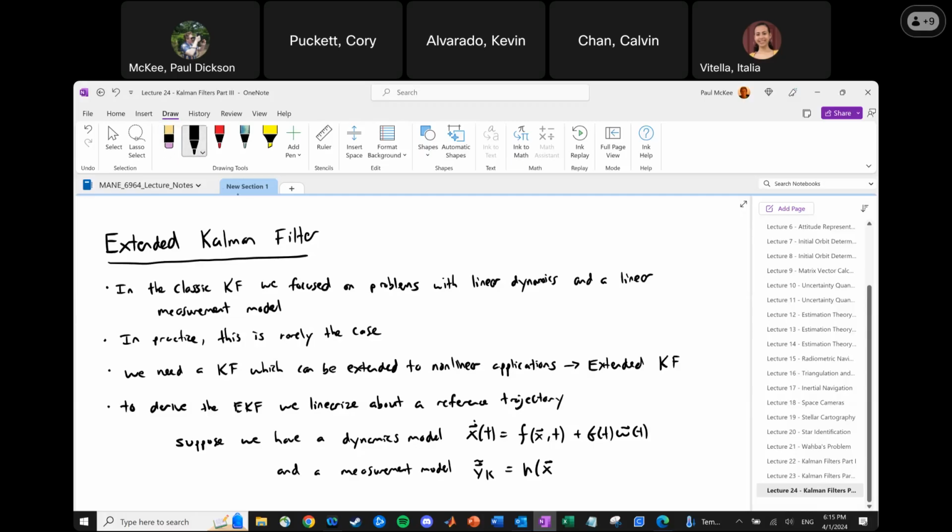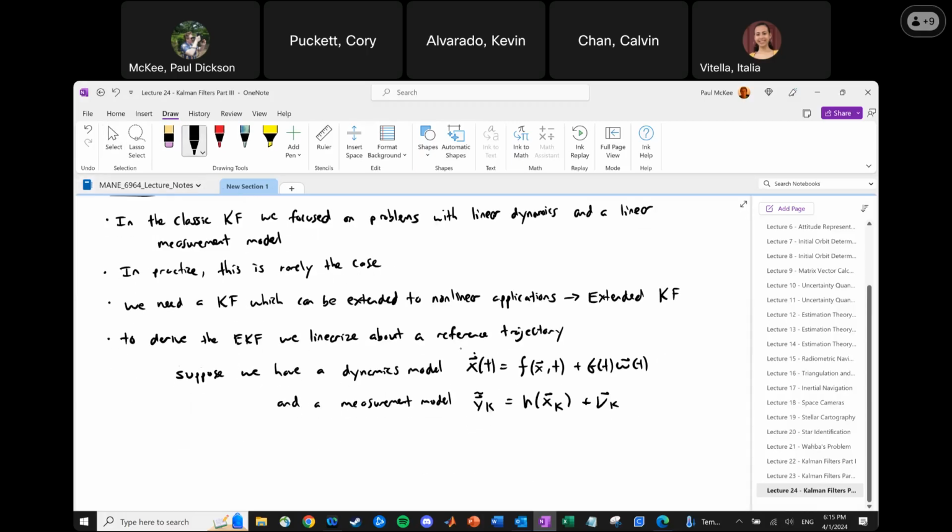So this is the y at time tk is h of the state at time tk plus nu k. A little bit more like what we're going to see on homework 5. So remember, there's only 2 steps to a Kalman filter. So this is the extended Kalman filter propagate step.